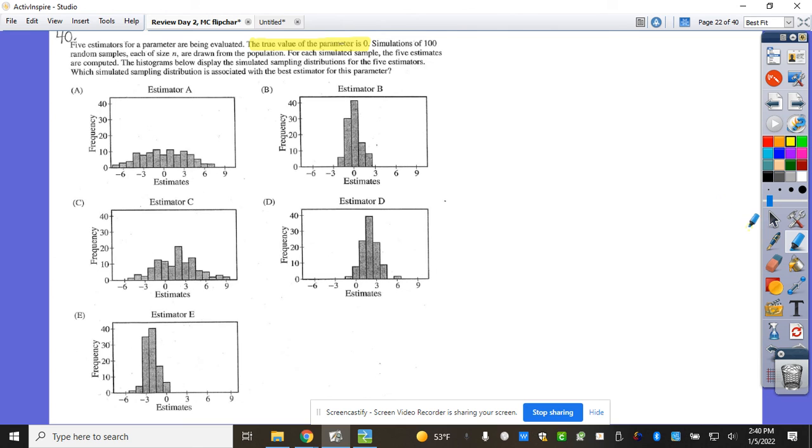Centered on 0. So which of the graphs are definitely not centered at 0? C, D, definitely not D and E. C, maybe not as obvious, but still doesn't look centered on 0. So A and B both look centered on 0.